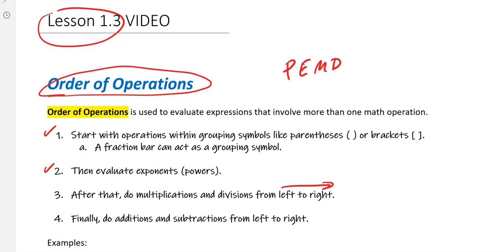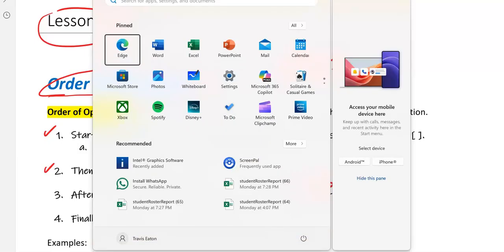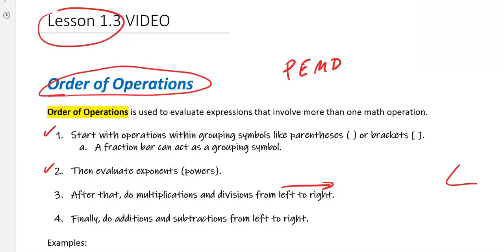Okay? PEMD. After you do the multiplication and division, you do additions and subtractions. Additions and subtractions, and you do those in order from left to right. Okay? That's the order of operations.